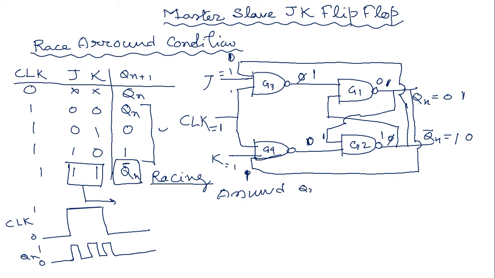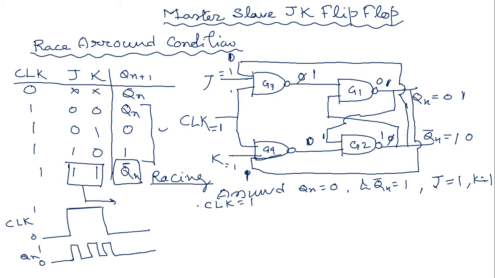Say here we have assumed initial condition Qn equals 0 and Qn complement equals 1. And as the condition we are deriving, J equals 1, K equals 1, and the same condition that the clock should be 1.